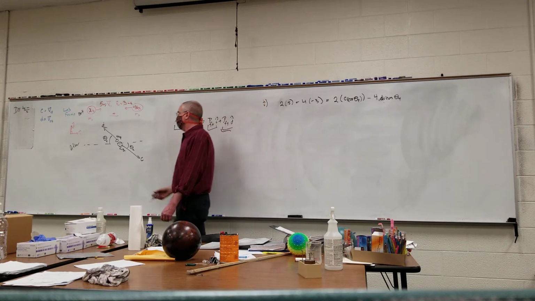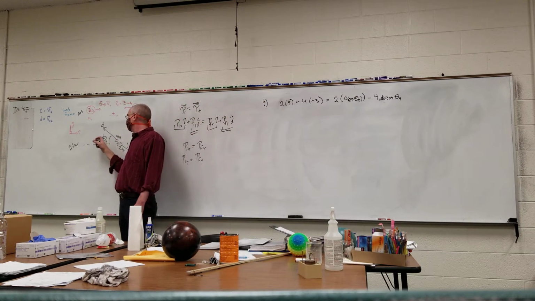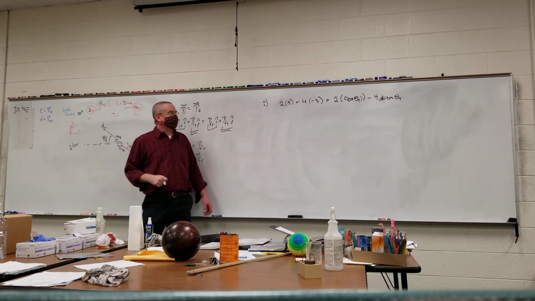I define theta 4 based upon the negative x-axis, so d times the cosine of theta 4 will be a component to the left, and that's why I have a minus sign here.